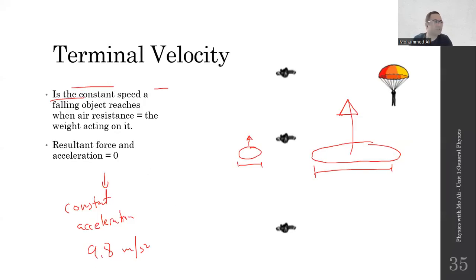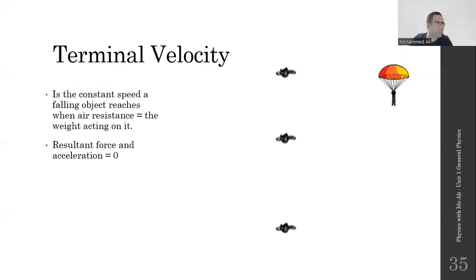When an object is falling through air, it goes through 3 stages of motion. Stage 1, when it's just dropped, it falls with a constant acceleration, because there's only weight acting on it. But then stage 2, as it continues to fall, the weight is the same, but there's a little bit of air resistance.